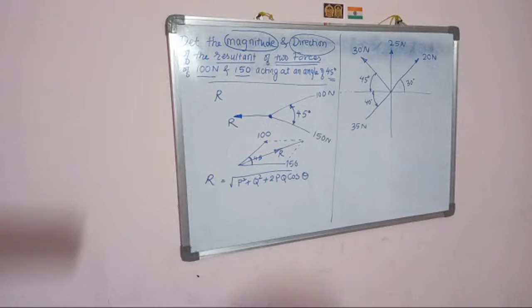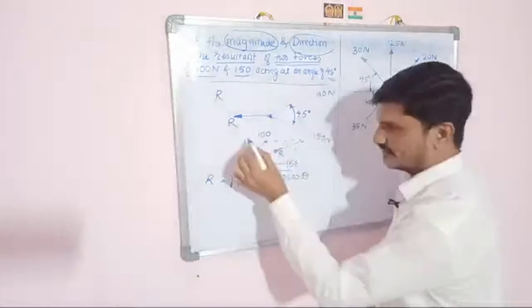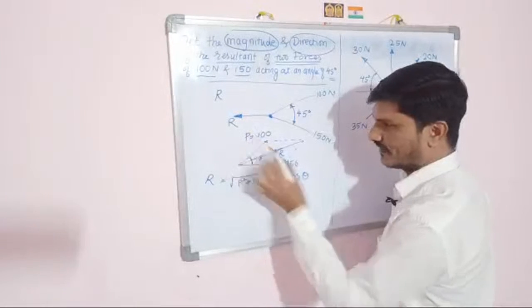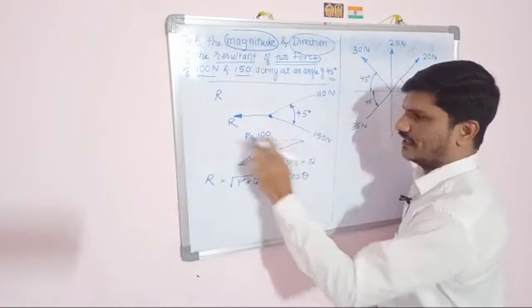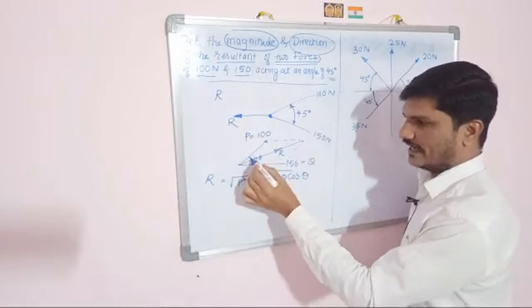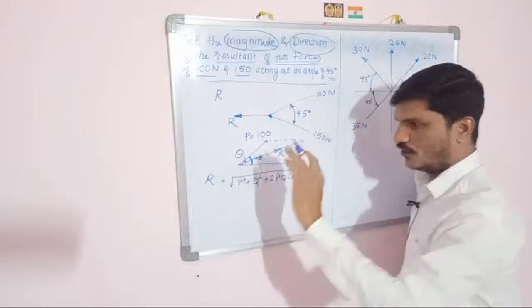P is the force acting in one direction, and Q is the other force acting, and theta is the angle between these two forces. Let us say this is P and this is Q. You can denote any one as P or Q, and the angle between these two we represent as theta. Hope it is clear to you.